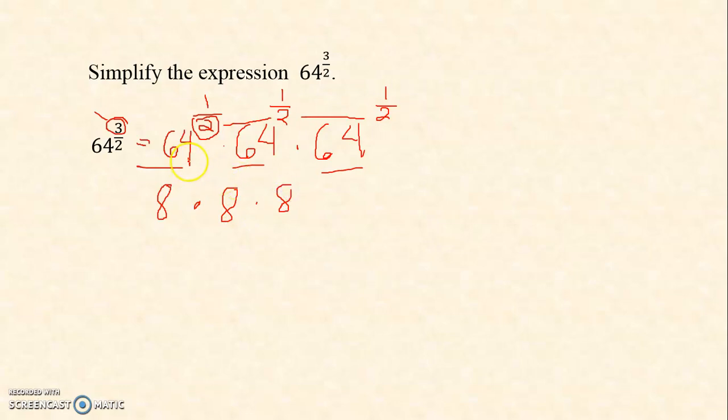So the value of 64 raised to 1 half is equal to 8. Okay? So you now have there 8 times 8 times 8. And what is the outcome? It is equal to 512. Therefore, the value of 64 raised to 3 over 2 is equal to 512. Okay?